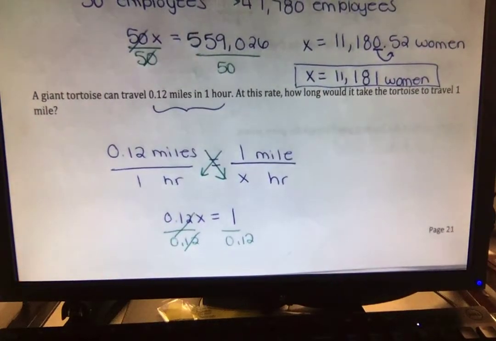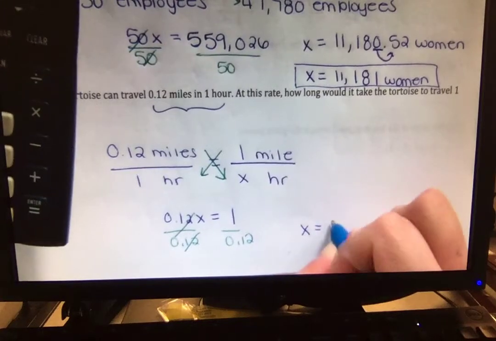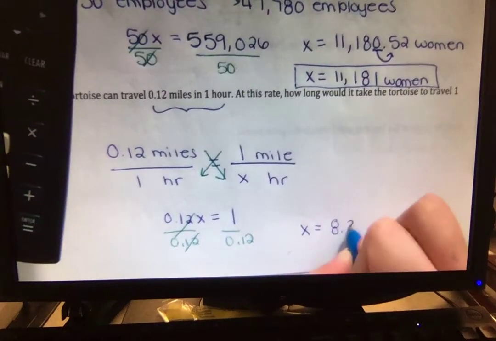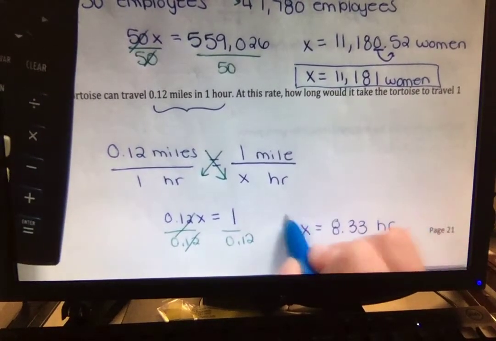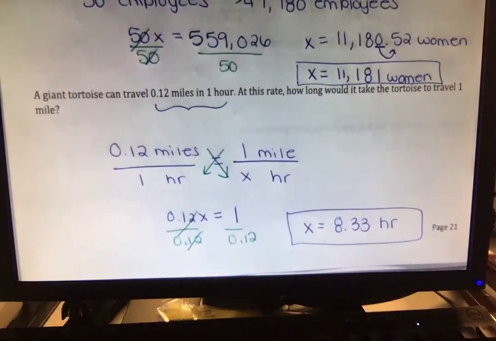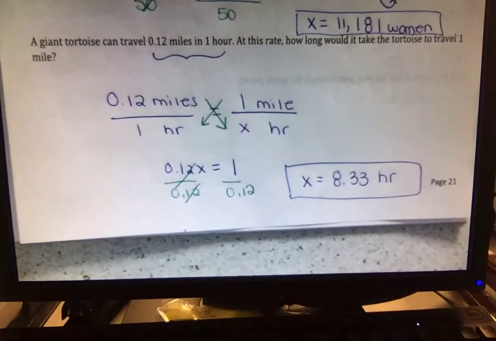And we're left over with X equals 8.33 hours. Poor guy. 8.33 hours. Make sure that you include your units. X is for hours, so 8.33 hours. So that is Module 8, Homework 2 notes.